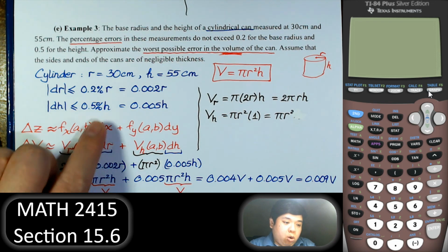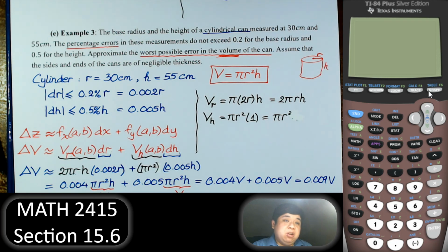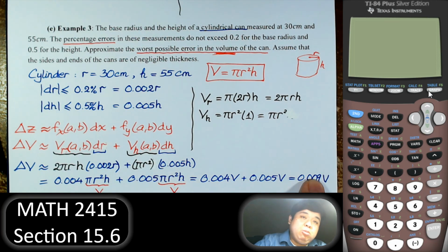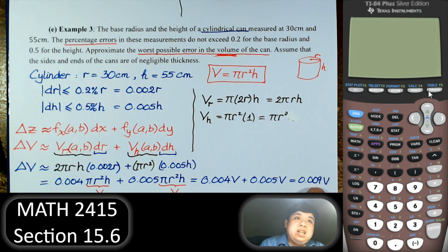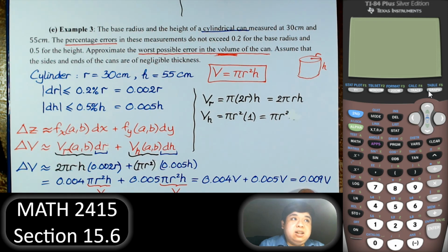So we have 0.2% for the radius and 0.5% for the height. The total ends up being 0.9% in the volume. So if we limit the error in the radius by 0.2% and the error in the height by 0.5%, the total adds up to 0.9% in the volume.